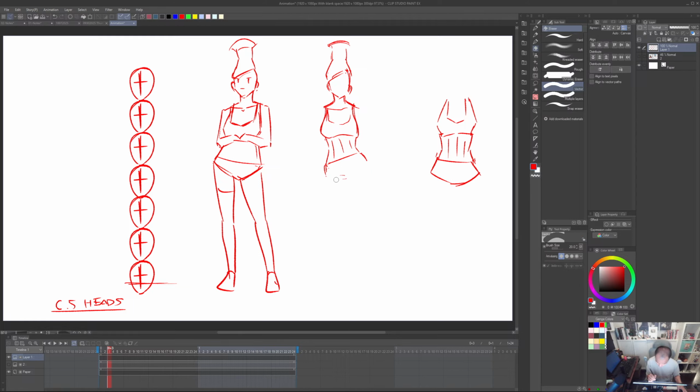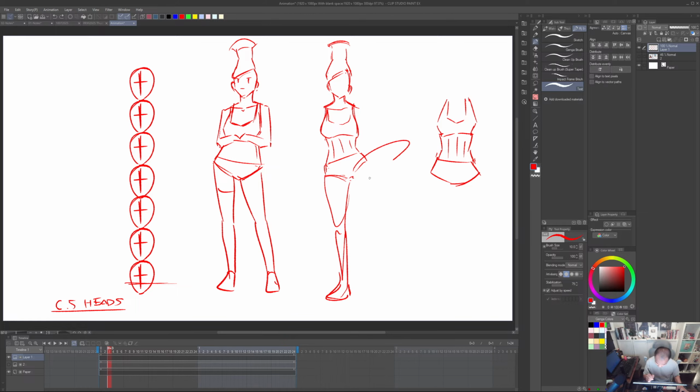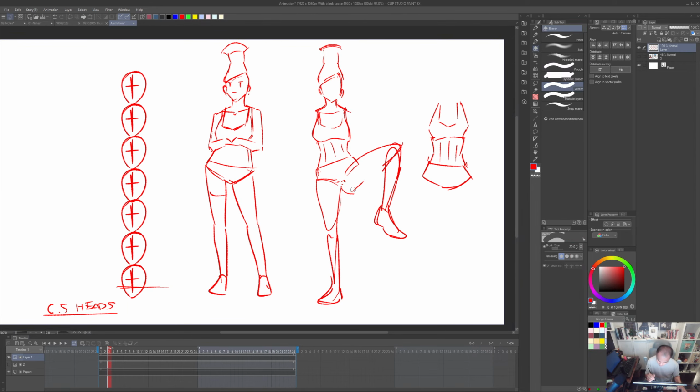I don't know what this pose is or something like that. But for the legs, the limbs is where I try to deviate away from the model because I have a way of drawing limbs fast, you know.